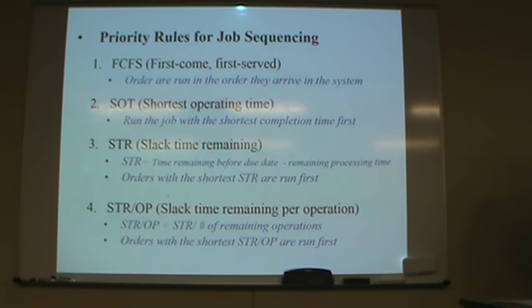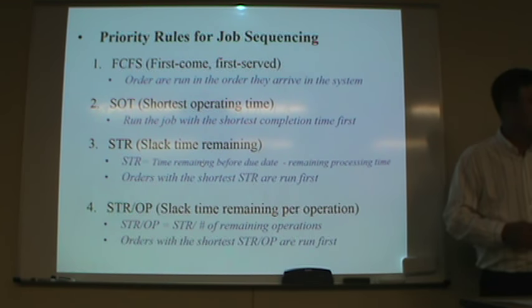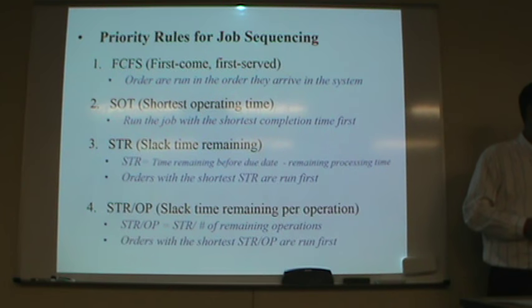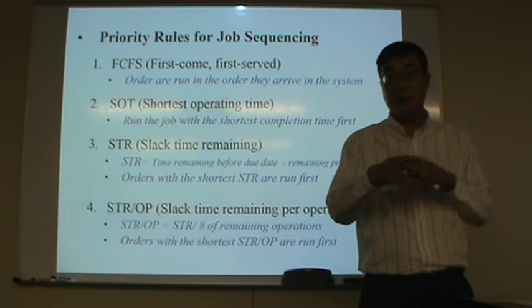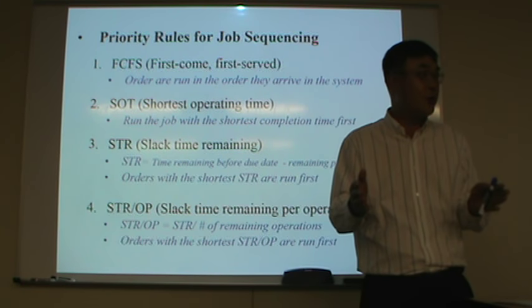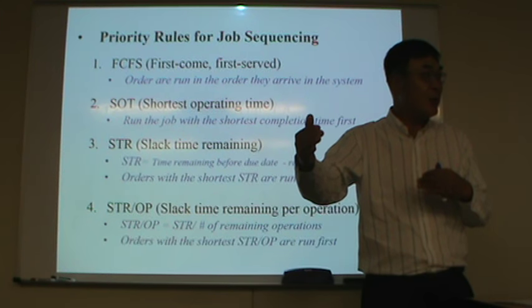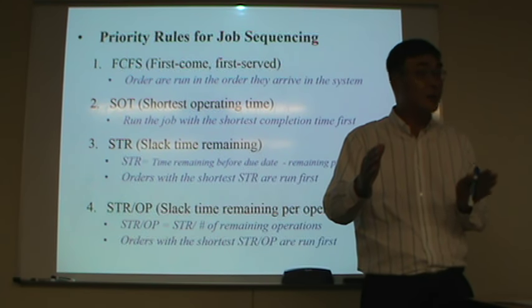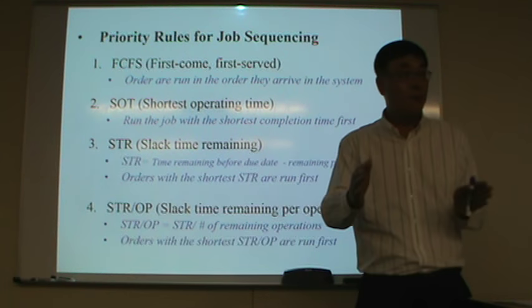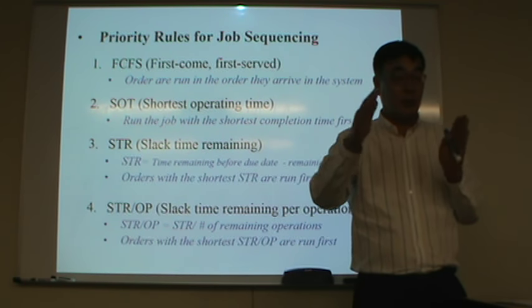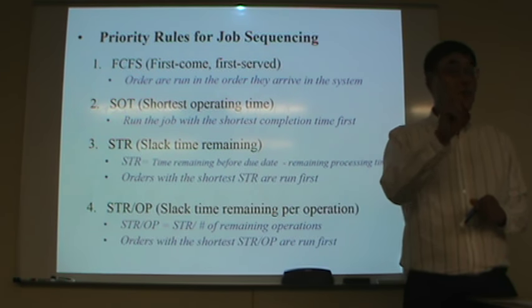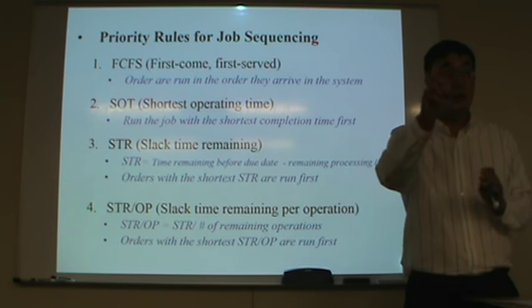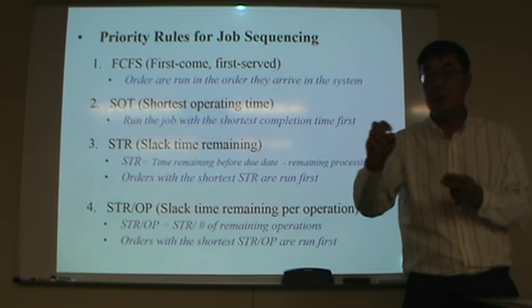And the STR rule, slack time remaining. Slack time means the time remaining before the due date minus the remaining processing time. Like homework: if I need 2 days of work for homework and you have 7 days, then 5 days is the slack time, right? Among multiple jobs, take the shortest slack time first, then second, and so on.